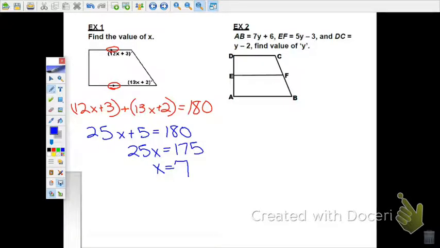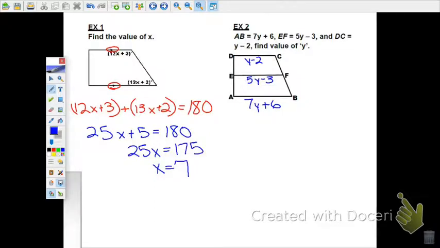In example 2, we are told that AB is 7y plus 6, EF is 5y minus 3, and DC is y minus 2. Again, we have a trapezoid, but it is not an isosceles trapezoid. This is where we're going to use that mid-segment formula. Okay.